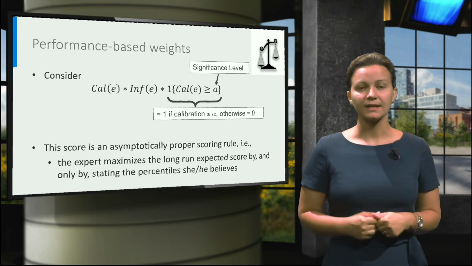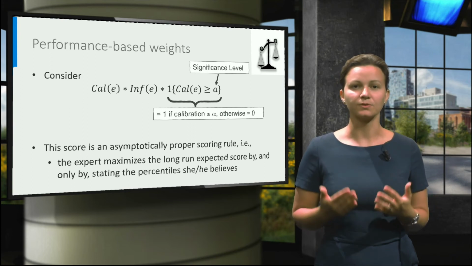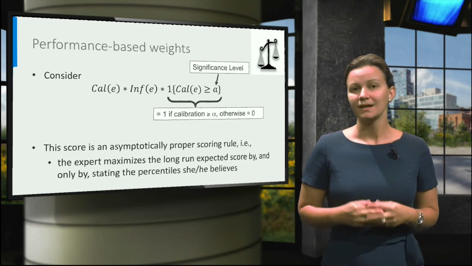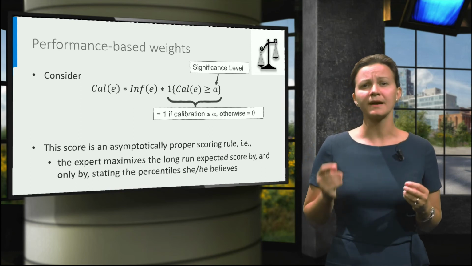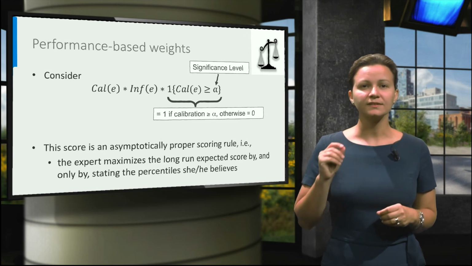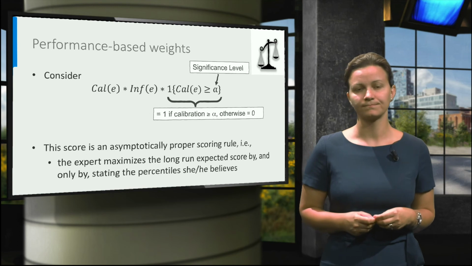Theoretical results for the classical model are available to prove that this scoring rule is an asymptotically proper scoring rule of averaging distributions. Roughly speaking, this means that an expert achieves her or his maximal expected weight by, and only by, stating assessments in accordance with her or his true beliefs.